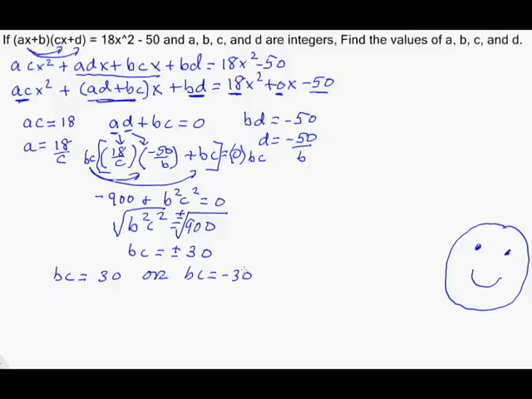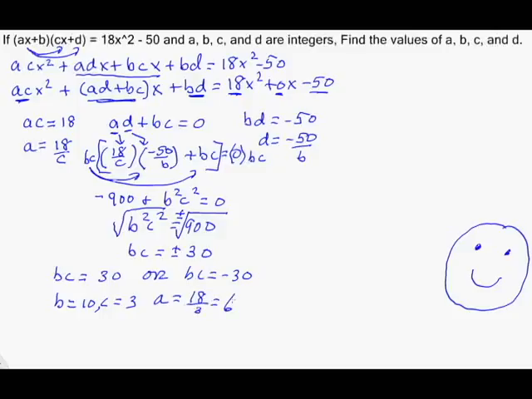So you can, at this point, come up with possible solutions. For example, if BC is equal to 30, then B could be 10 and C could be 3. Now remember, the A, B, C, and D have to be integers. So if that's the case, then A, which we solved earlier, is 18 over C. So you can say it's 18 over 3, which would then have to be 6.